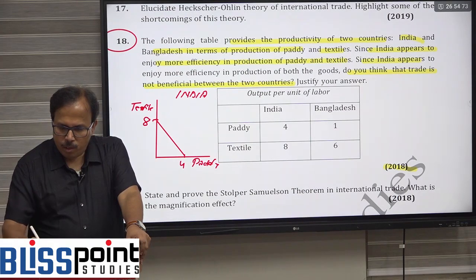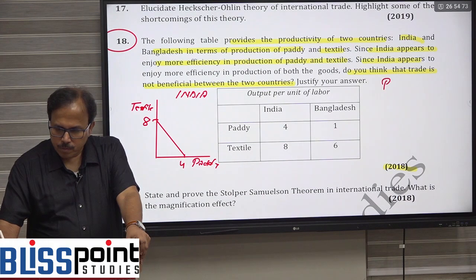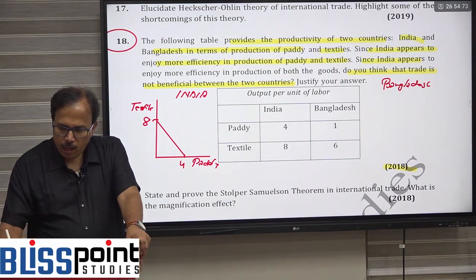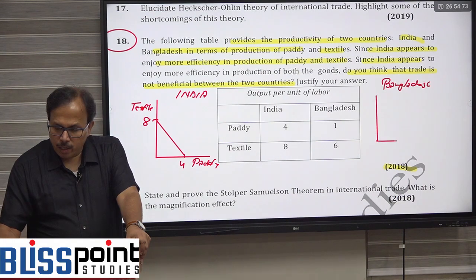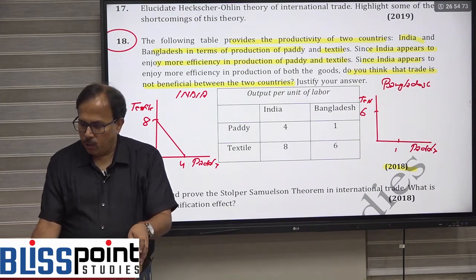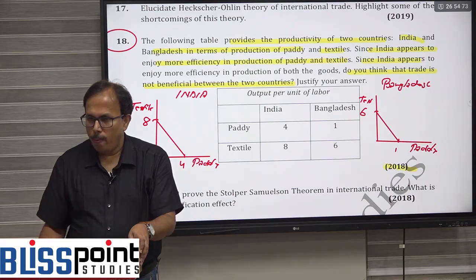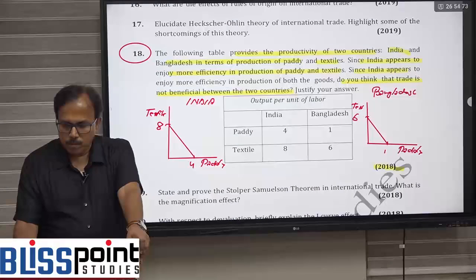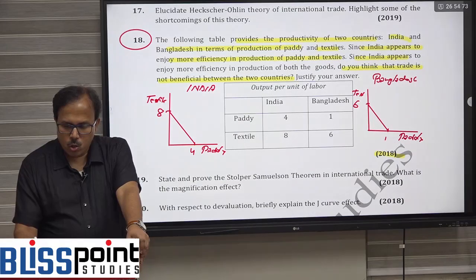And for the other country, draw the PPF, and always maintain the same order, that is paddy and textile. So how many units? 1 and 6. And now tell me what is the slope? What is slope here?